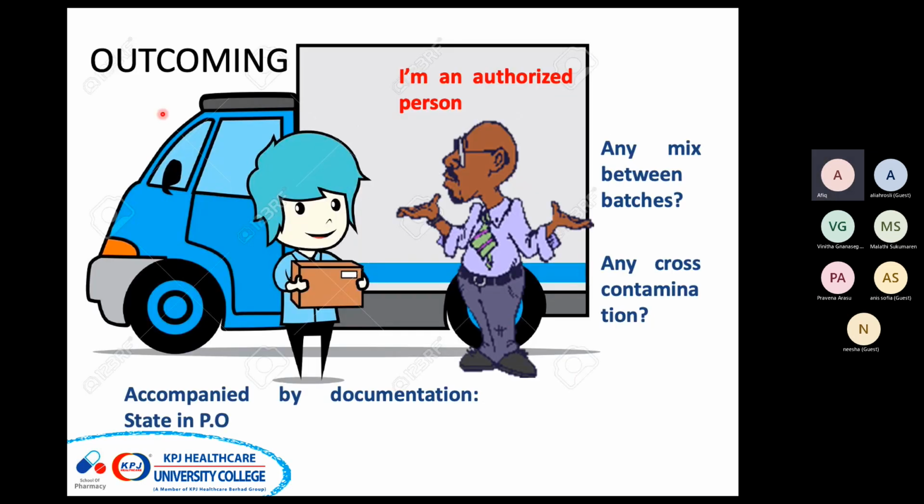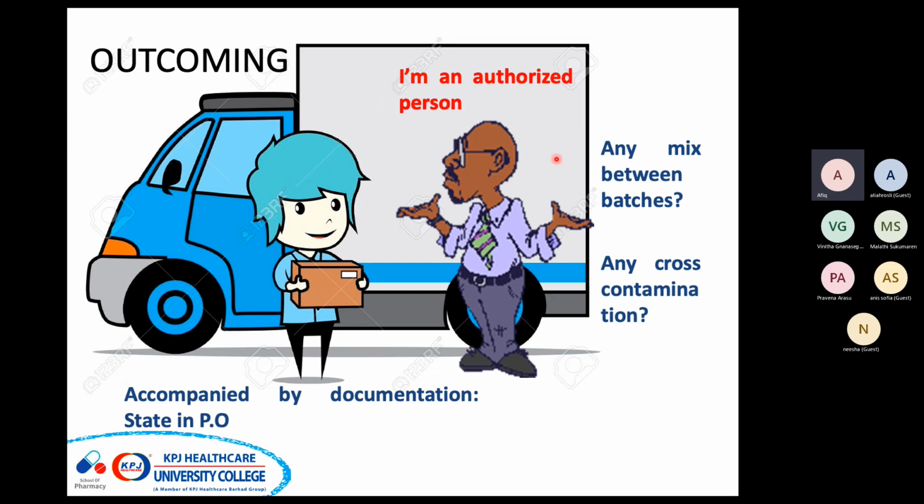And then when we talk about upcoming, so upcoming is when you have your own product going out of your, what do you call that, warehouse. Okay, so these are also done by the authorized person.